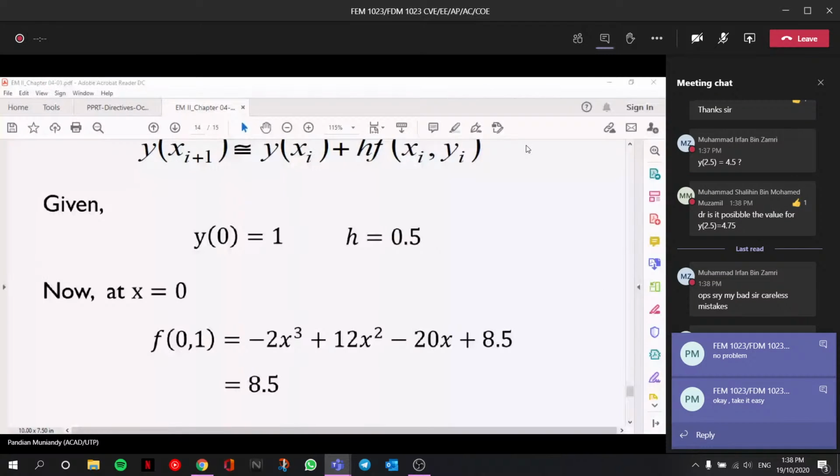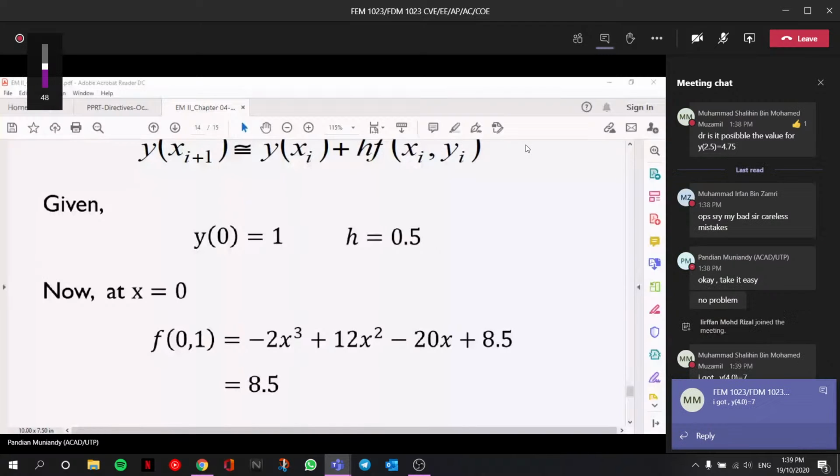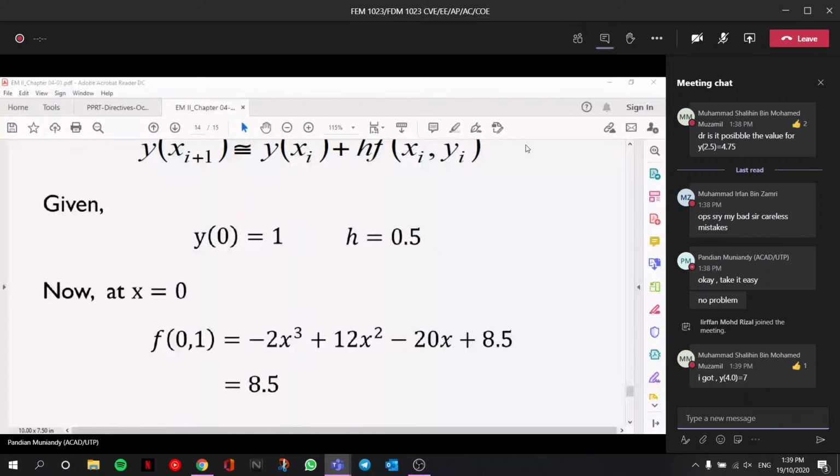Muhammad Shalid, is it 4.75? Can anybody verify the answer? At 2.5, y4, 7.